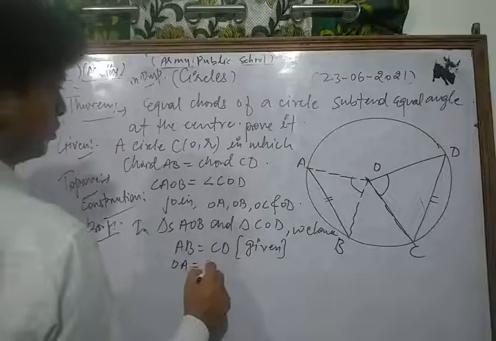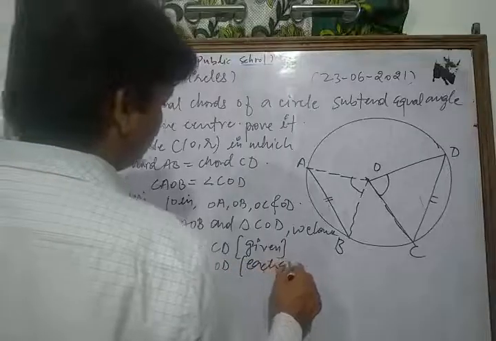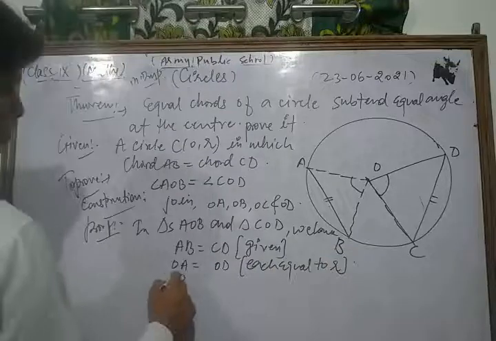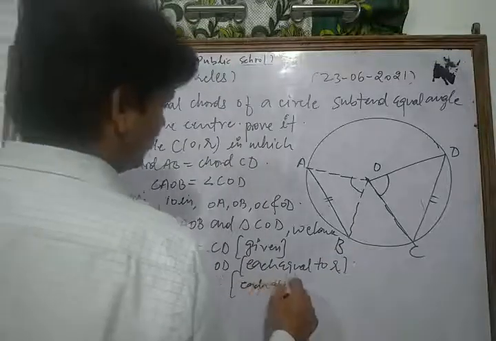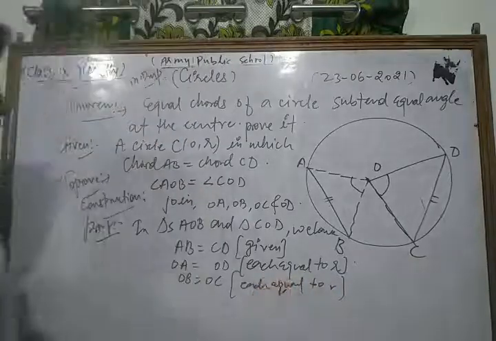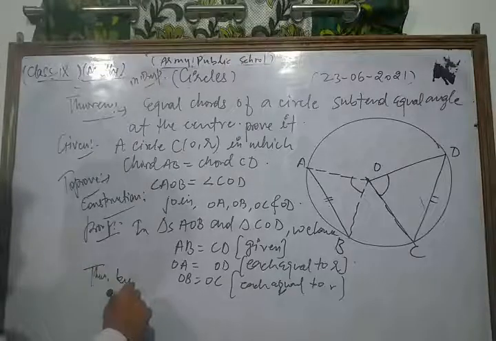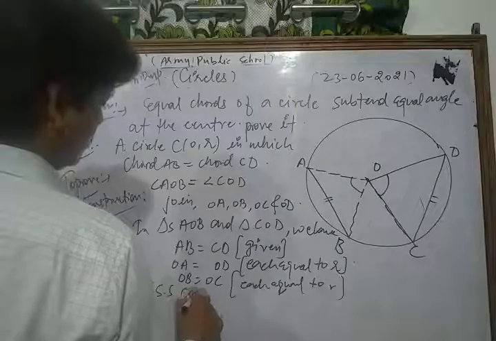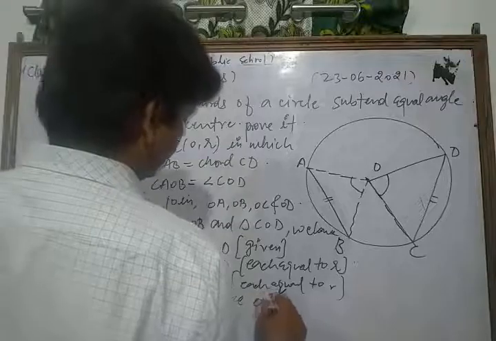OA is equal to OD, this is each equal to R, and OB is equal to OC, this is also each equal to R. Thus, by SSS congruence criteria.